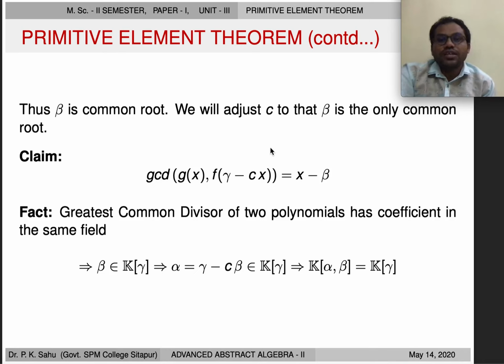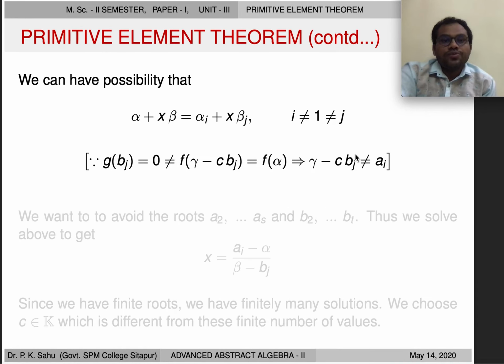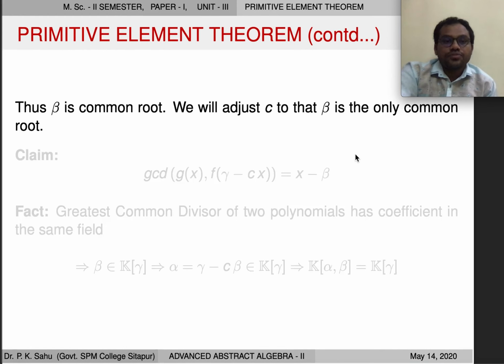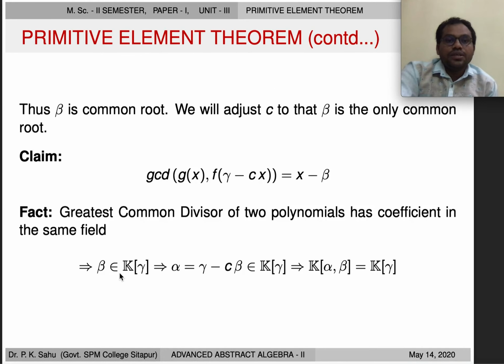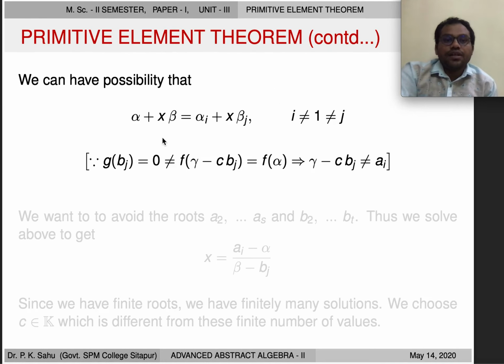So since beta is the only common root, we don't want any other bj to be a common root. So what we are doing is adjusting c. How? We have written gamma as alpha plus c beta. Now replace c by x and write alpha plus x beta as ai plus x bj, where i and j are both not equal to 1.